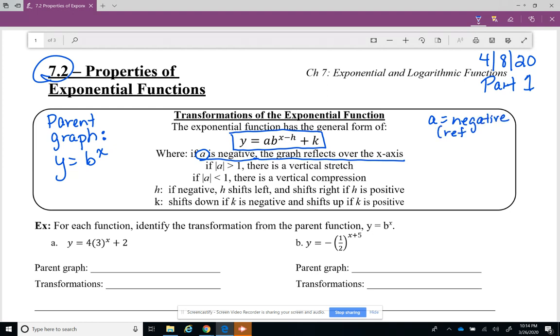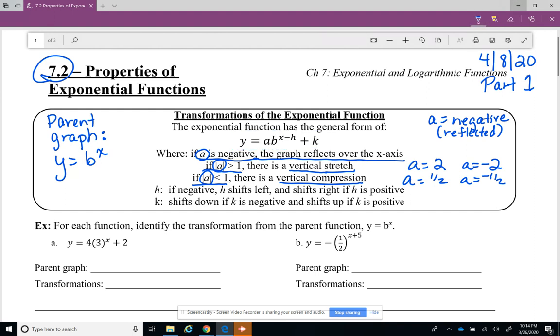If the absolute value of a is greater than 1, for example if a is 2 or negative 2, it's going to be a vertical stretch. If the absolute value of a is less than 1, for instance if a is 1/2 or negative 1/2, that's going to be a vertical compression. We've really already talked about that.